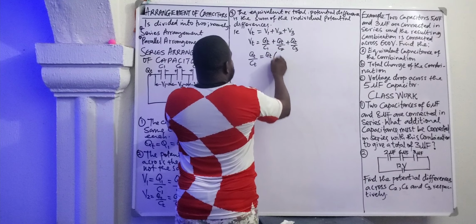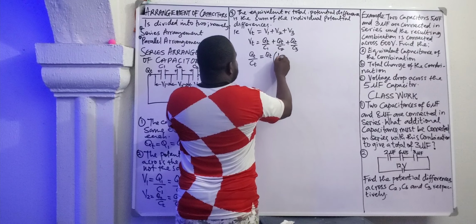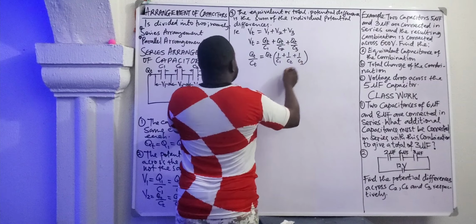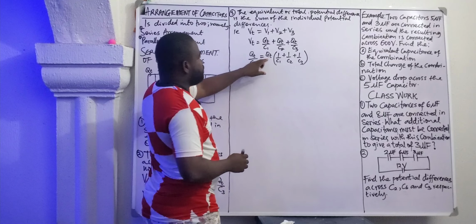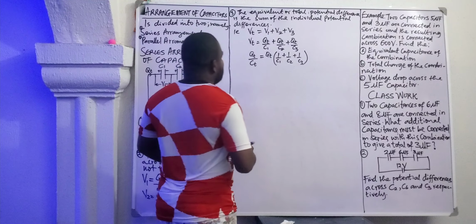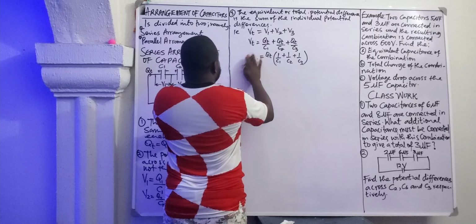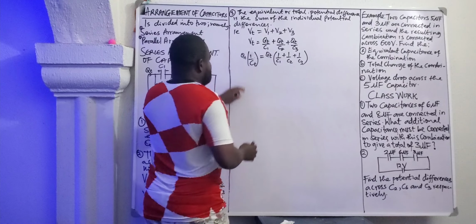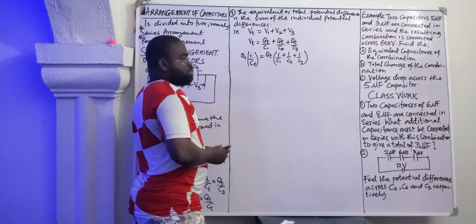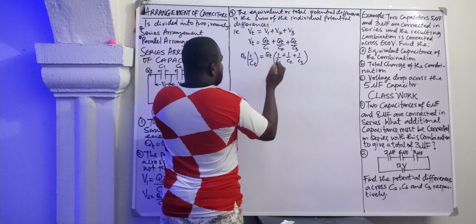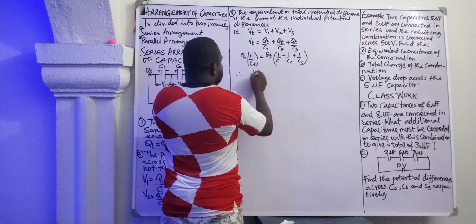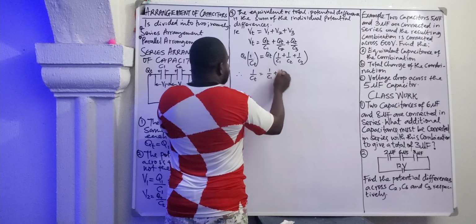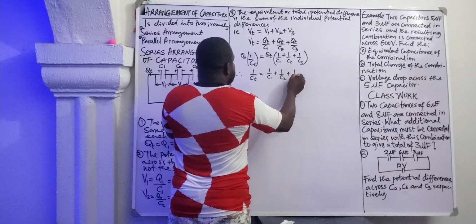From here, I have Qt over Ct equals Qt times (1 over C1 plus 1 over C2 plus 1 over C3). Qt is common, so it cancels out. Therefore, 1 over Ct is equal to 1 over C1 plus 1 over C2 plus 1 over C3.